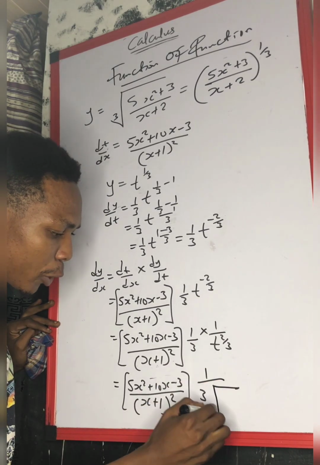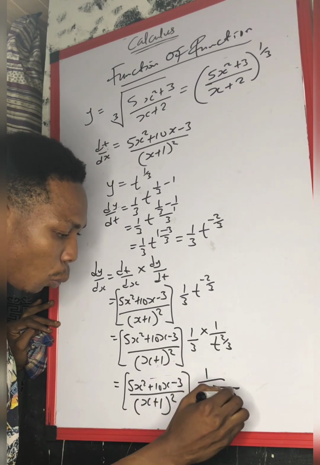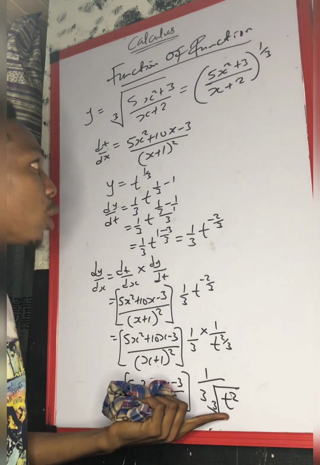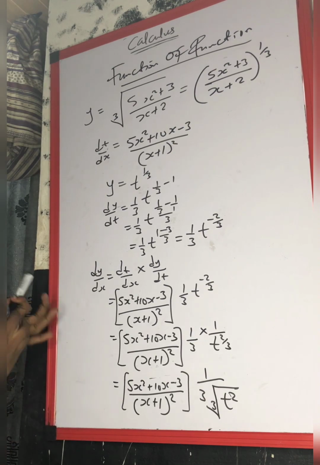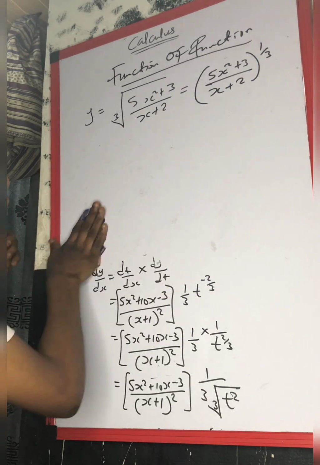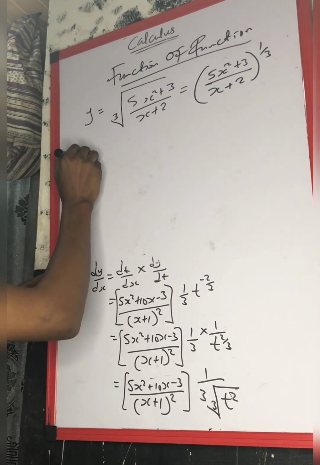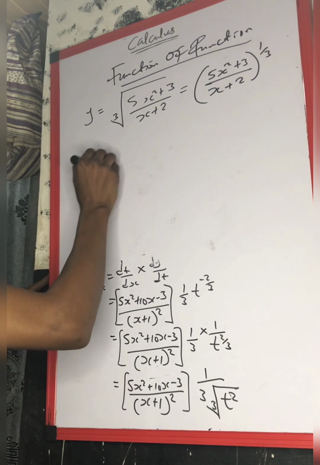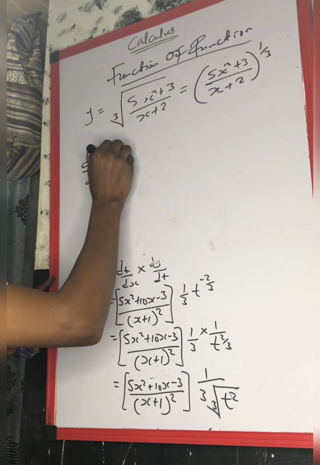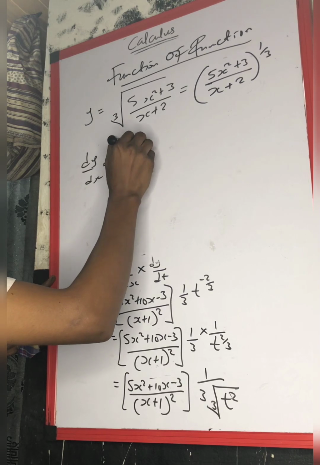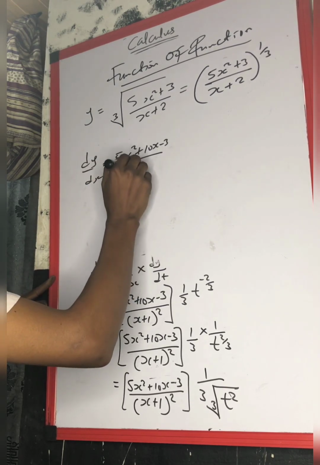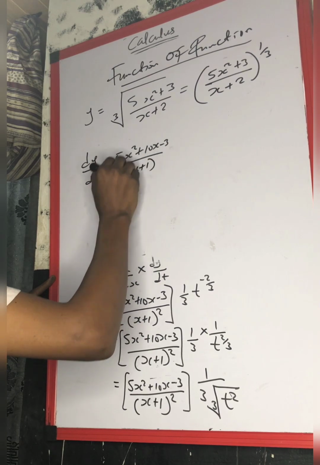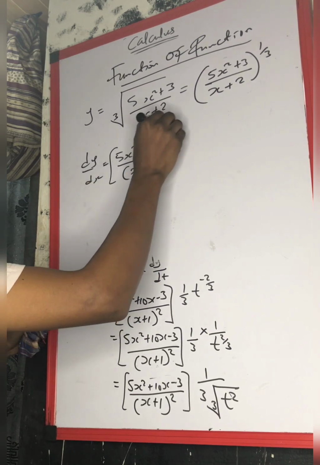The t to the power of 2 over 3 becomes the cube root of t squared. And you already know what t is. t was everything inside this bracket. So from there, our final answer, which is dy/ds, is going to be (5s squared plus 10s minus 3) all over (s plus 2) squared, all in brackets.